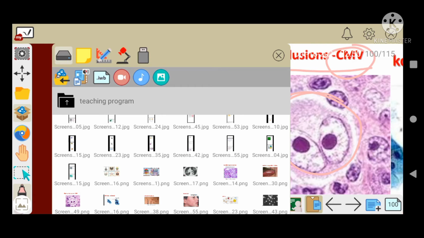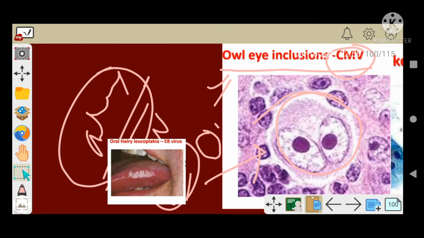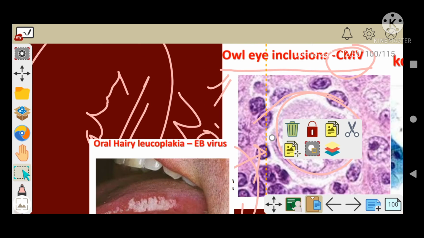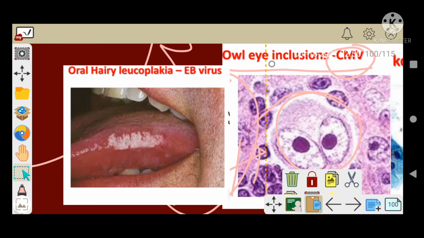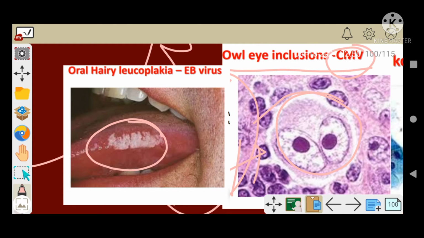Okay, next I think this one. So this is your oral hairy leukoplakia, right? You can see, correct? Mainly by Epstein Barr virus. Occurs in whom? Those who take betel nuts and all. Sometimes there may be trismus, correct?